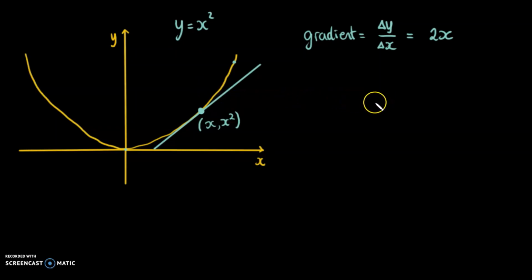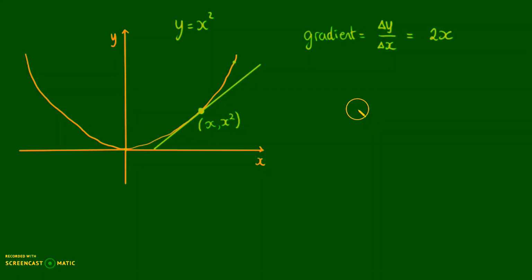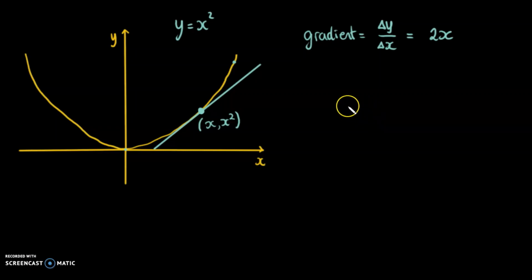Okay, so from this we can derive our most important rule at this level for differentiating functions. So what has happened here is we have gone from x squared to 2x.